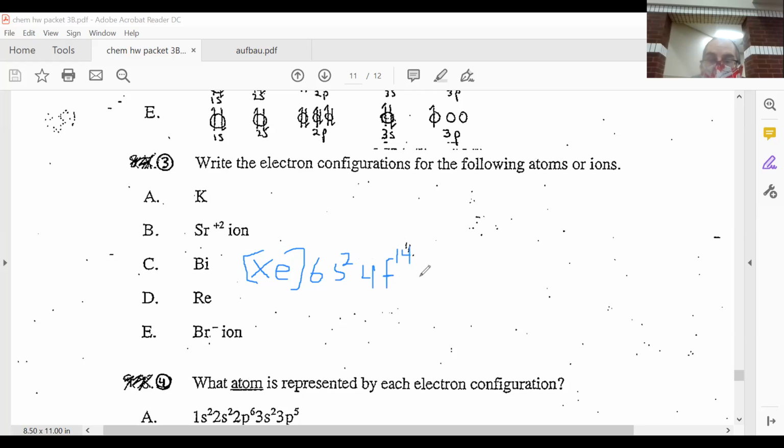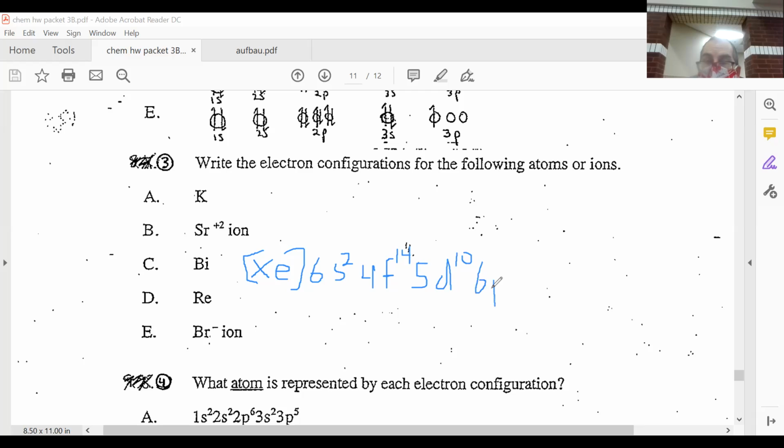I need to get to 83. Okay, let's see, we're going to do 5d10. That takes me to 80, and then it's going to be 6p.